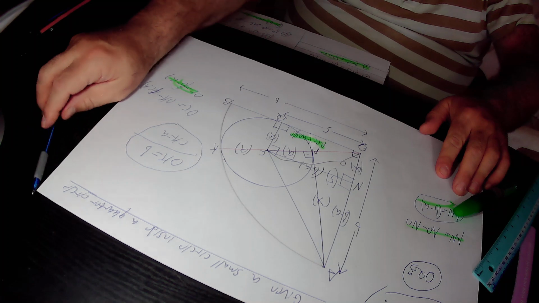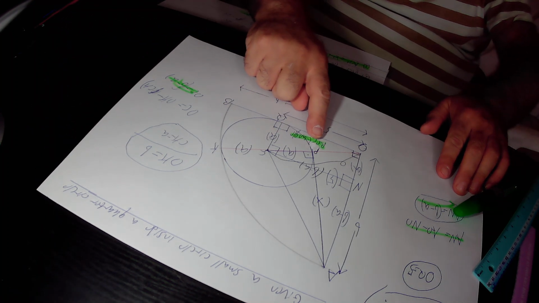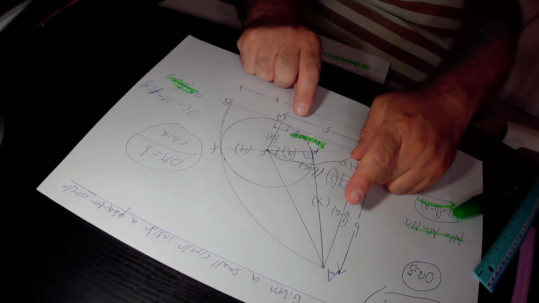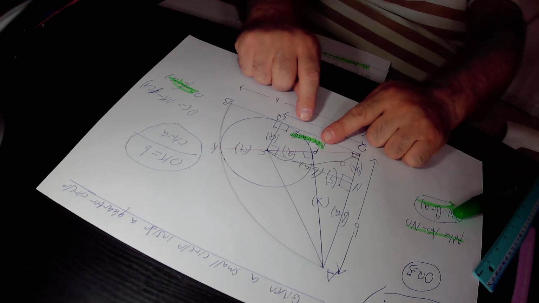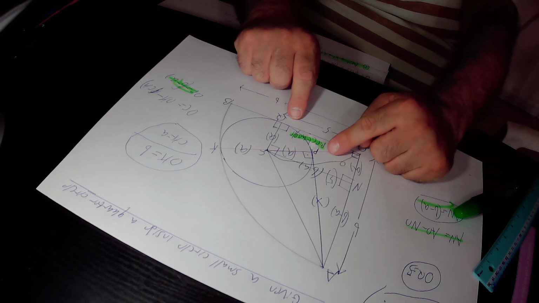In the next step, we join point C and P together by a straight line. Point P is the point of tangency of tangent AP with this small circle. Actually, AP is the tangent that we are looking for in this question.